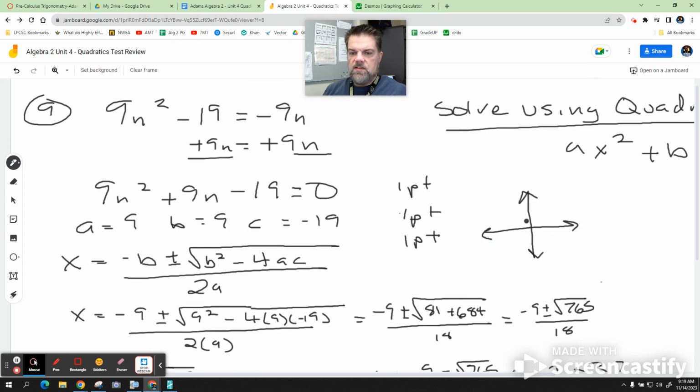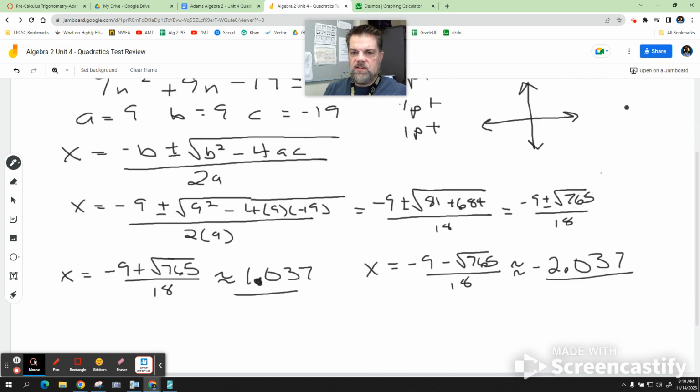Okay. So we did have the right answer. Because a is positive, that means it's going to open up. This point here is 1.037, comma 0.